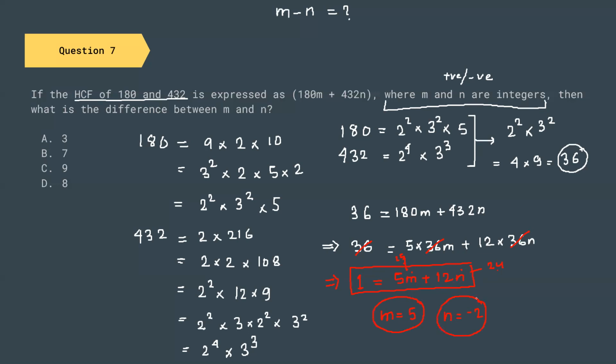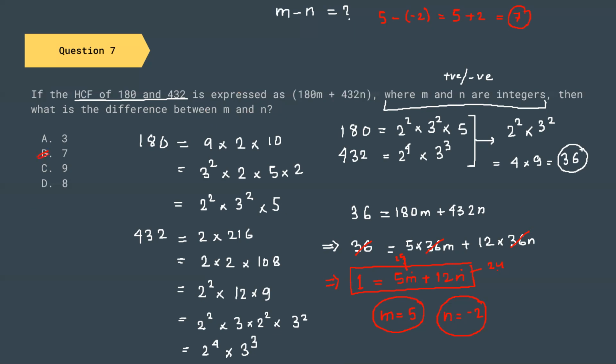And what we can do is that they have told us to find the difference between m and n. So we can write 5 minus minus 2, that will give us 5 plus 2, that will give us 7. So the difference between m and n is 7.